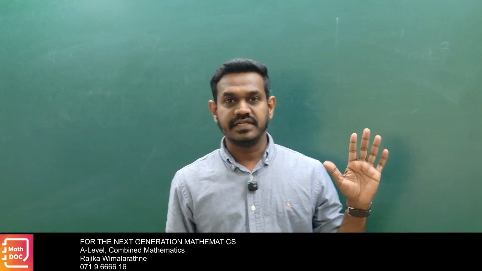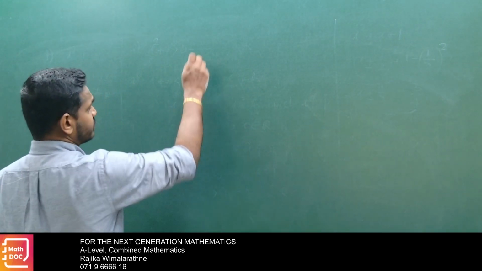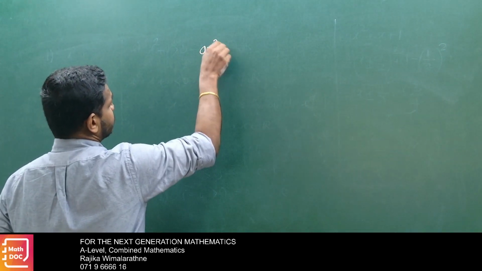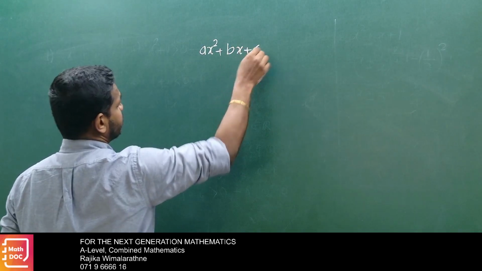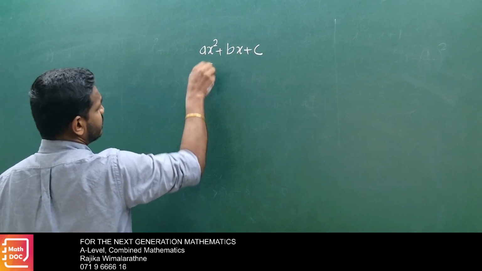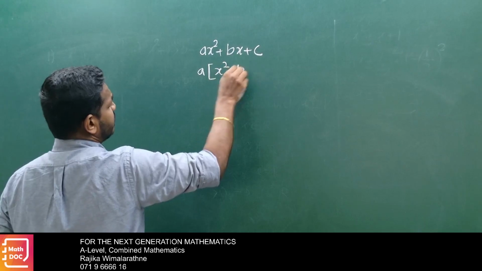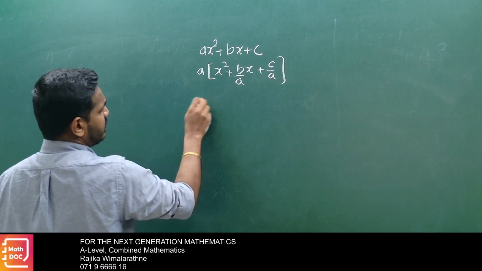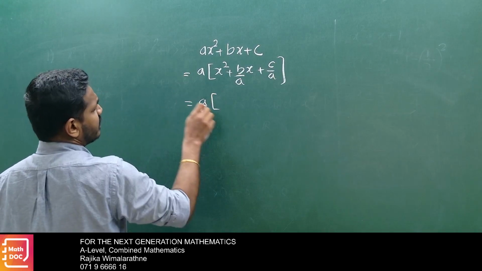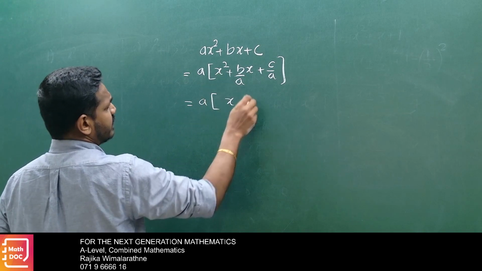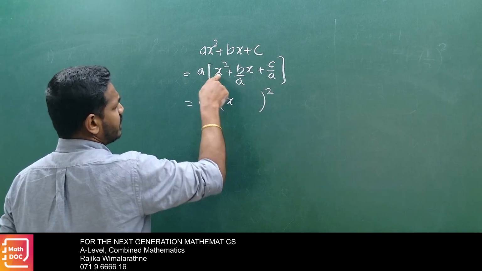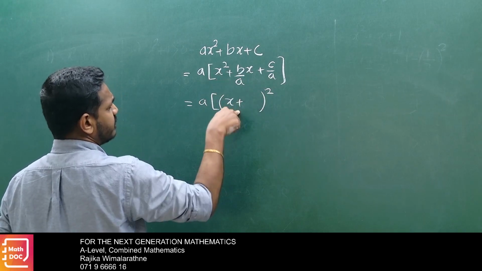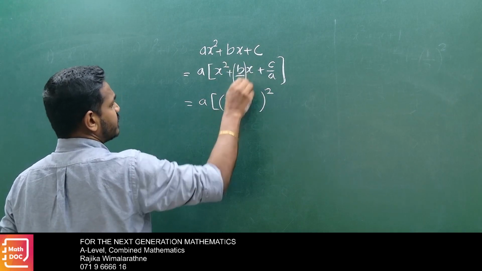Complete square procedure, ax² + bx + c. First we have to take a outside from the bracket: x² + (b/a)x + c/a. Then for the perfect square, put x, same sign plus, and the x coefficient you divide by 2.